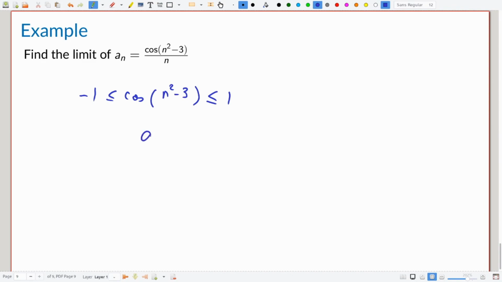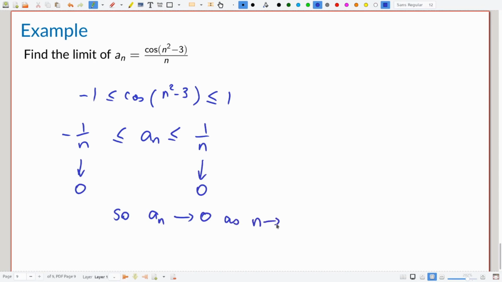So that means that an is sandwiched between 1 over n and minus 1 over n. Now the guy on the left goes to 0, the guy on the right goes to 0, so an goes to 0 as n goes to infinity by the squeeze theorem. So that's another nice example of using the squeeze theorem.